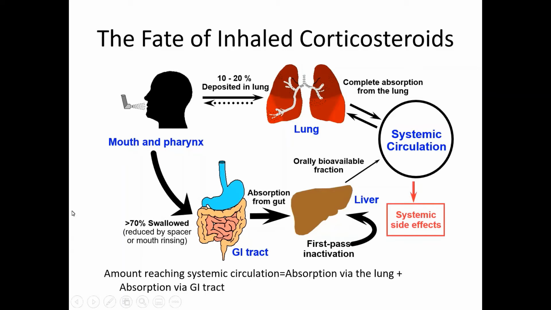If you look at this slide, you will see that if you inhale such a formulation through DPI or pMDI, usually 10 up to 20% of the drug deposits in the lung. And then you can see local or systemic effect. And if you see systemic effect, you may end up with systemic side effects.